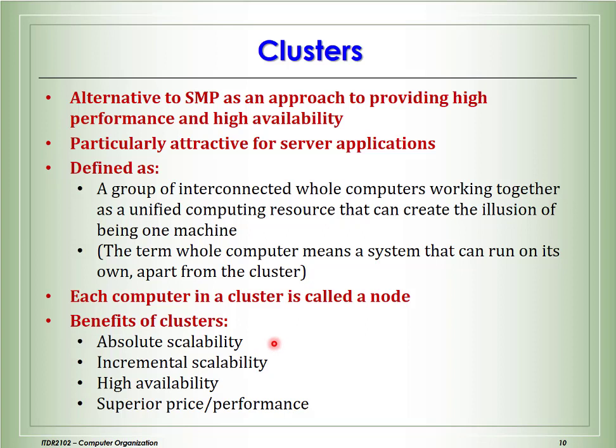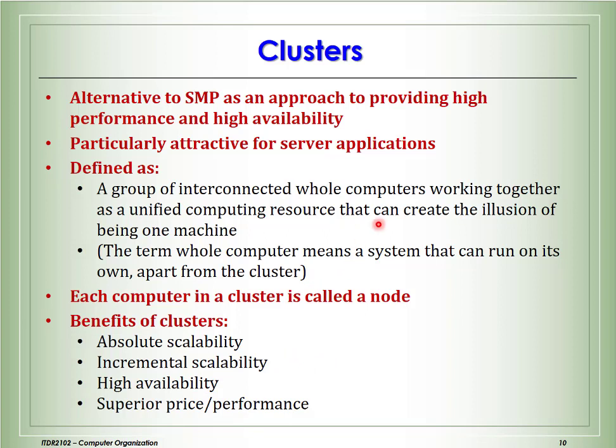Incremental scalability, or you can say additional scalability, means we configure a system in such a way that we can add new systems to the cluster in small increments, which will improve the performance of the cluster system. Then we have high availability.